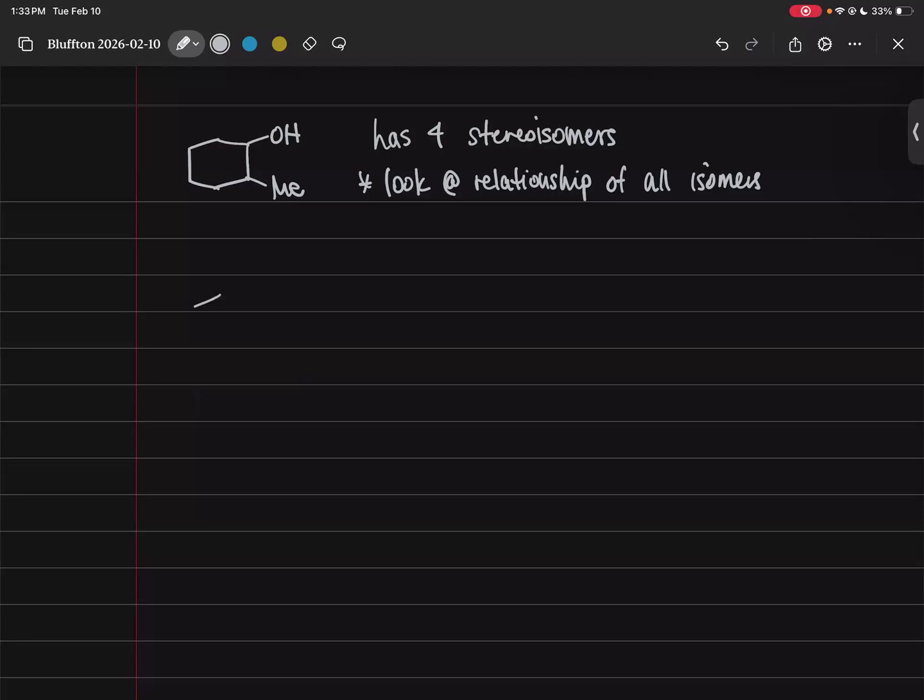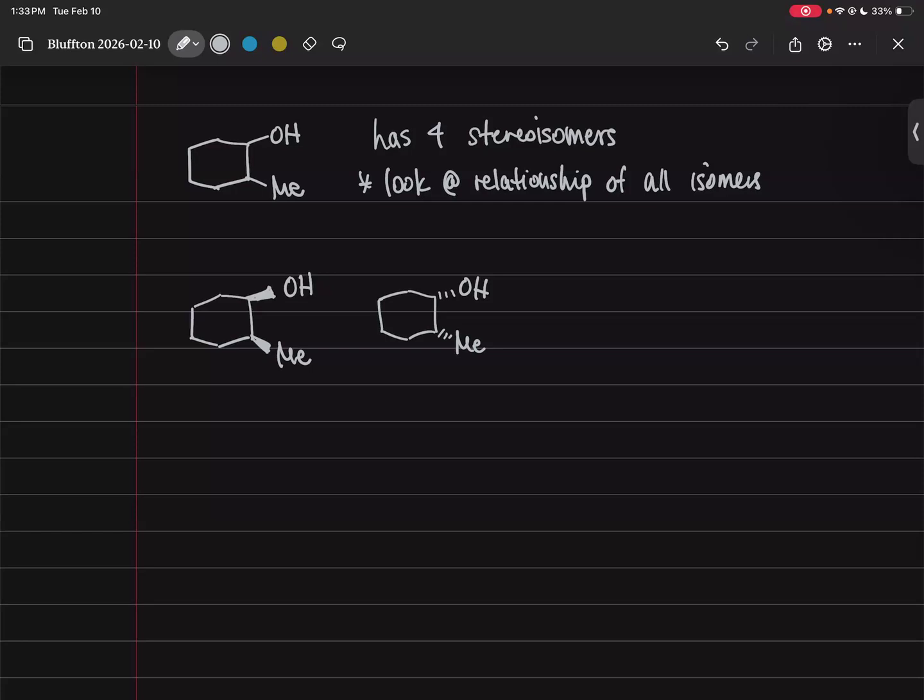So start drawing some hexagons here. Let's just start randomly assigning stereochemistry. This is like the only time you ever get to make stuff up. Maybe they're both on a wedge, or maybe they're both on a hash. We're not going to talk about chairs.